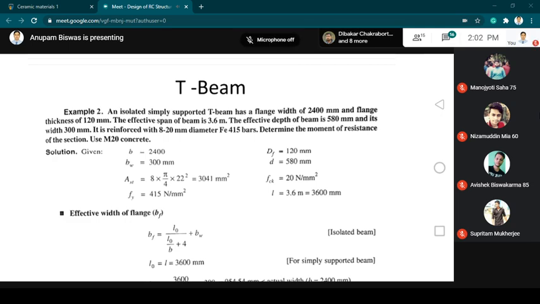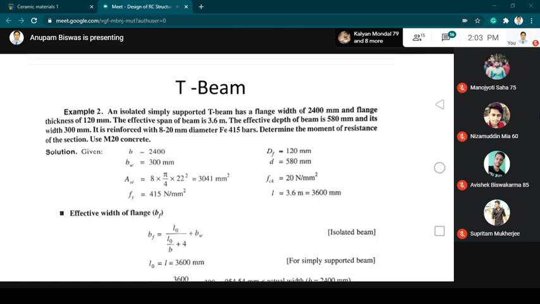For this, what will happen? The total compression will be from the rectangular stress block portion of the flange. The entire flange will have the rectangular stress block portion.